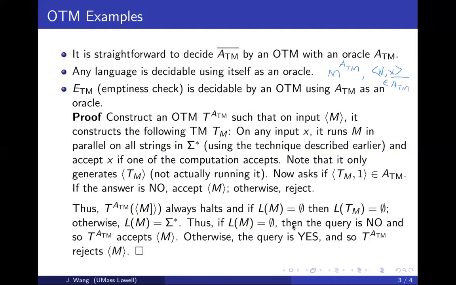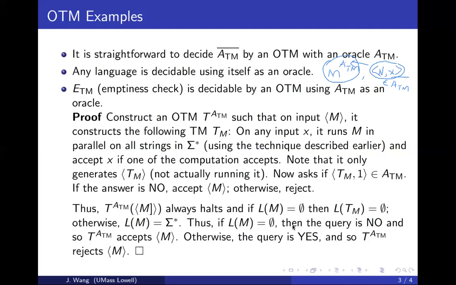Then I just make a query to A sub TM. If the answer is no, then this OTM accepts. If the answer is yes, it rejects. So with A sub TM as oracle, this Oracle Turing machine decides the complement of A sub TM.